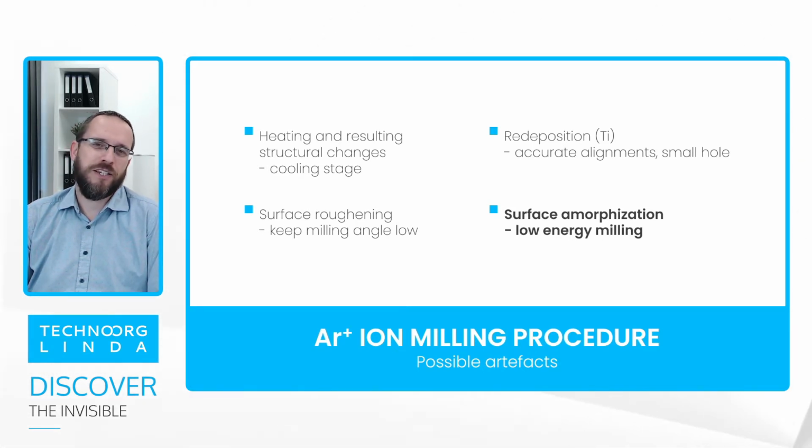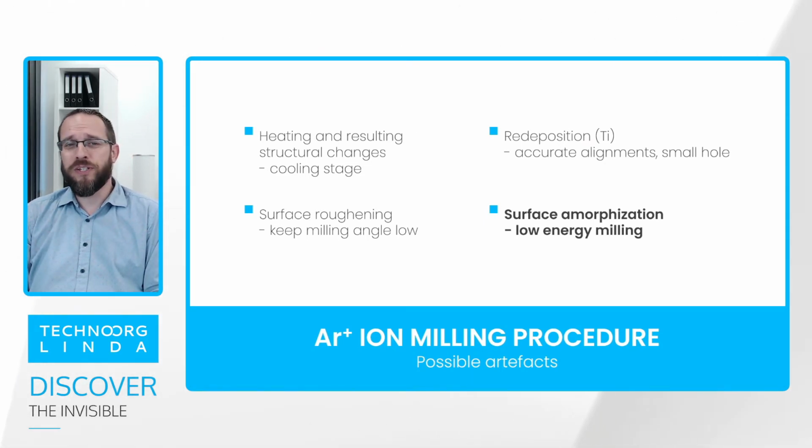The single-sided holders allow practically down to zero milling angles, and normally we recommend to use them around 5 degrees, and then surface roughening for most materials will not be an issue.